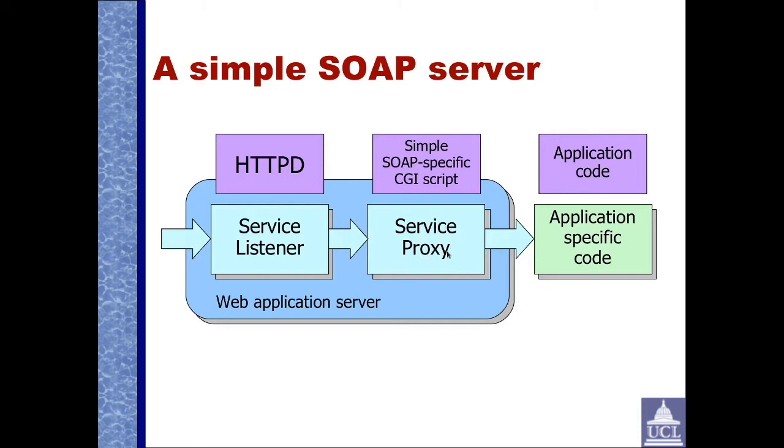The job of the service proxy is to dispatch the requests to particular bits of code. And that is normally just a SOAP-specific CGI script. You just have to provide a CGI script, and then the actual application code simply sits as modules or libraries which can be accessed by the CGI script.